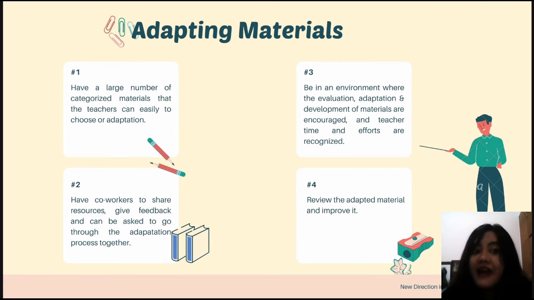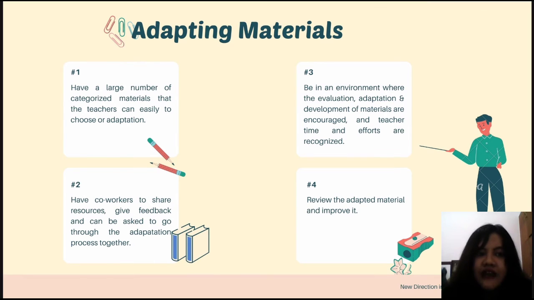So the next one, we have adapting materials. In order to provide good material for the students, teachers need to do material adaptation. This material adaptation can be in the form of changing the existing material to be more suitable and effective for the learners, teachers, and situations.